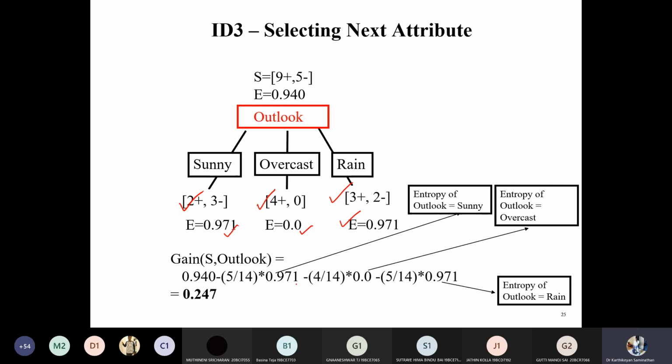Then the second one, the entropy of outlook overcast, is 4 by 14 into 0. This is overcast. Then the last one is 5 by 14 into 0.971, which is rain. So this is sunny, overcast and rain. So now this is the 0.247 value, right?